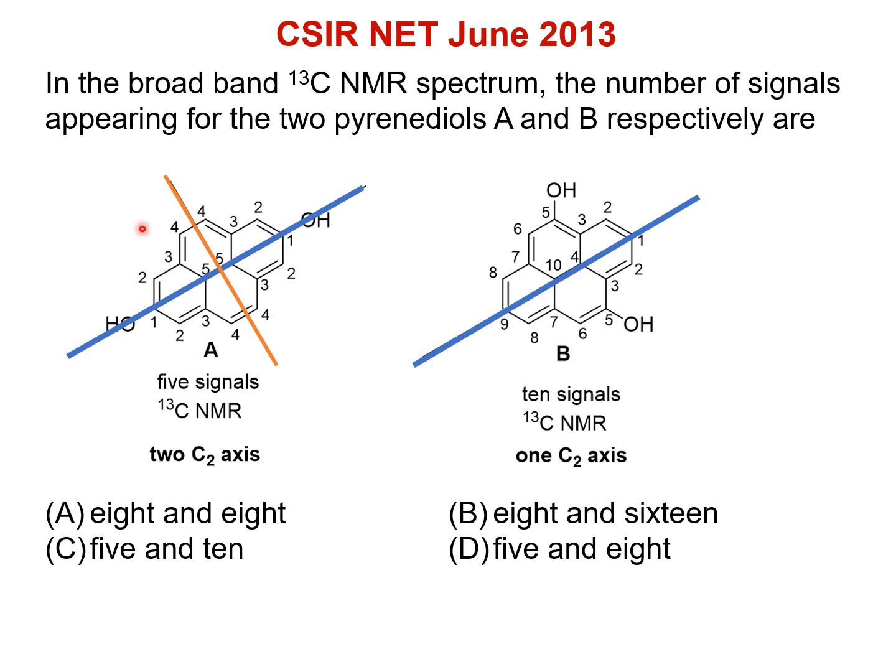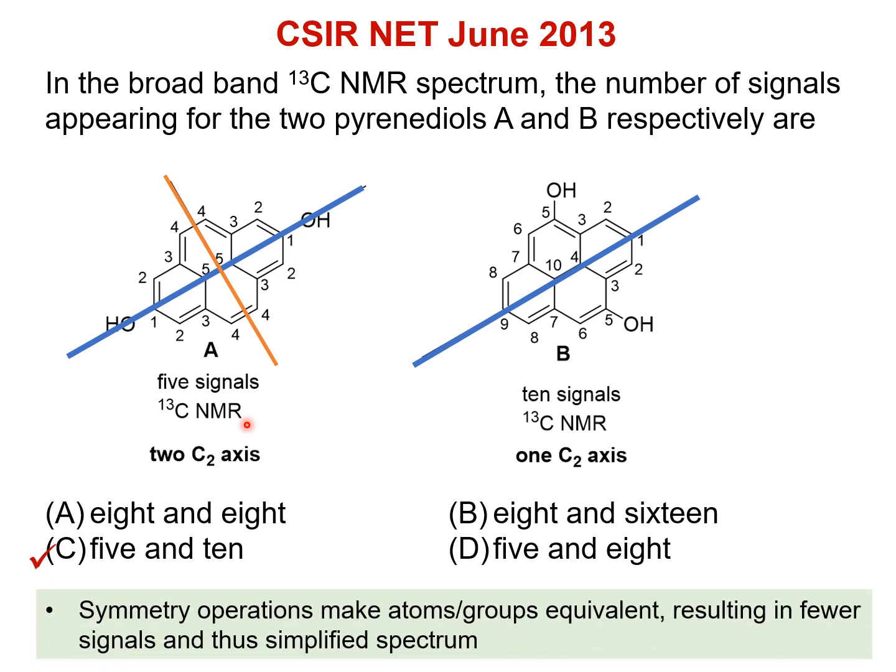Molecule A contains 2 C2 axes, giving 5 different non-equivalent carbons, which gives 5 signals in C13 NMR. Therefore, option C is correct. So please look at the symmetry elements present in a molecule and find out the number of non-equivalent hydrogens and carbons.